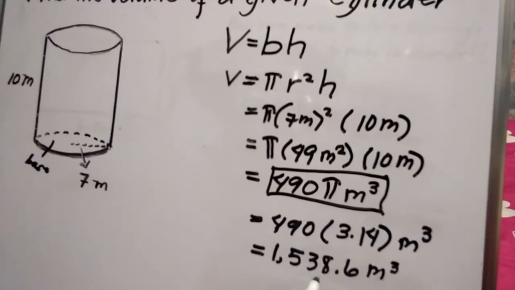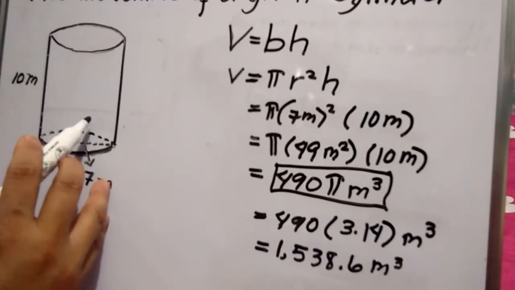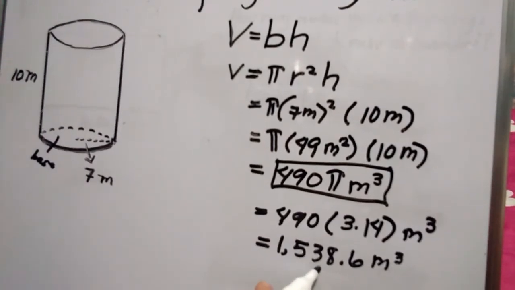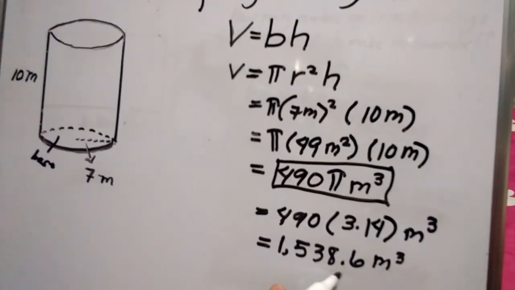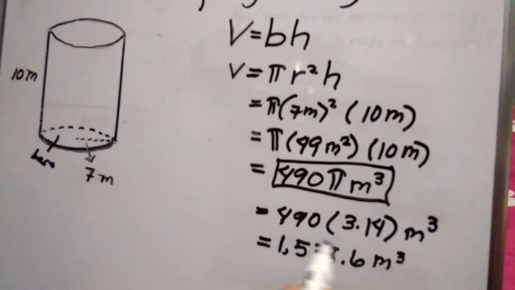So another way to write the volume of the given cylinder is 1,538.6 cubic meters.